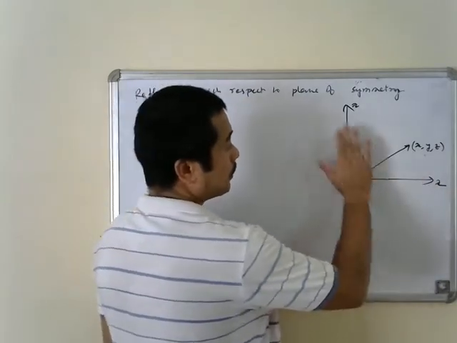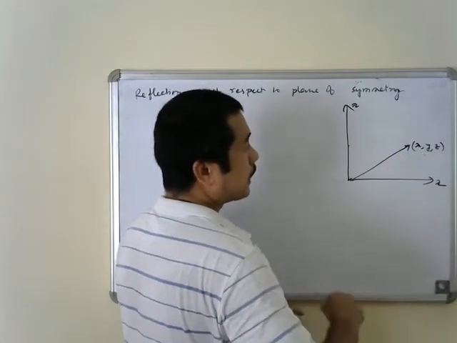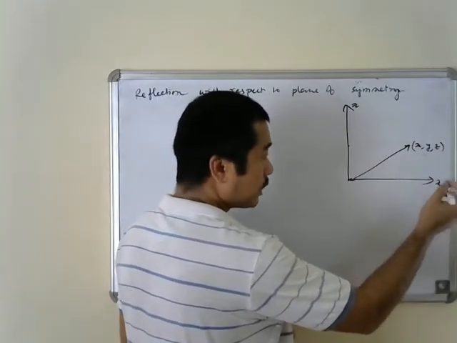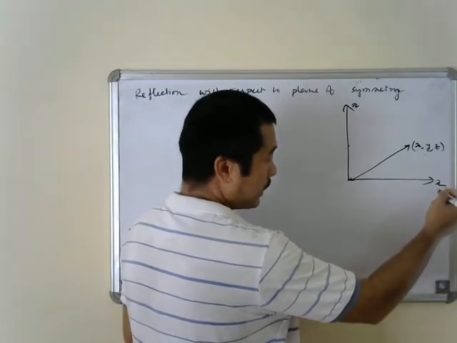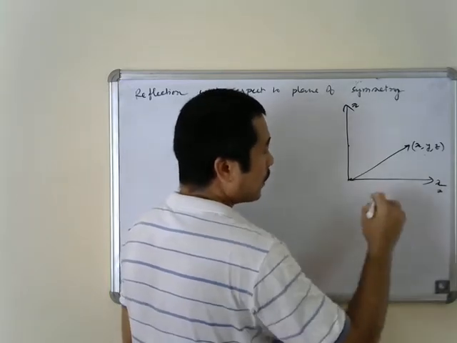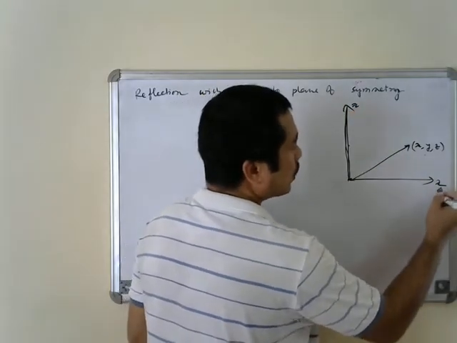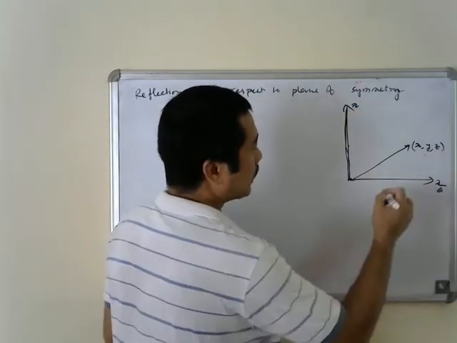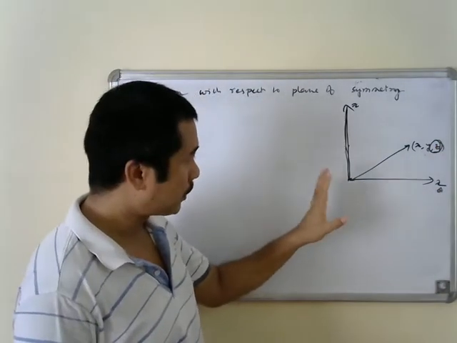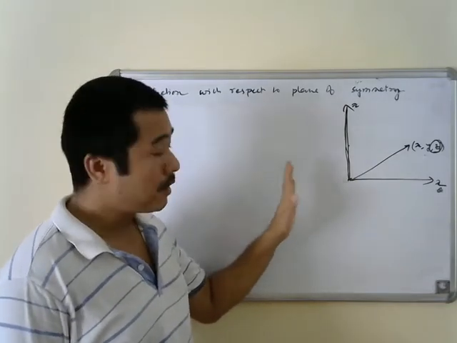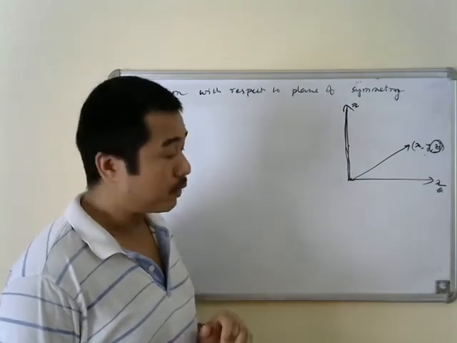For example, when you did reflection on the xz plane, if you remember, the z coordinate did not change. The x coordinate also did not change because the plane lay on the x axis as well. But now the plane contains the z axis, but it does not contain the other coordinate axes, and that is why the z coordinate is not going to change even when we do reflection with respect to any of these vertical planes of symmetry, which is not lying on one of the coordinate planes.